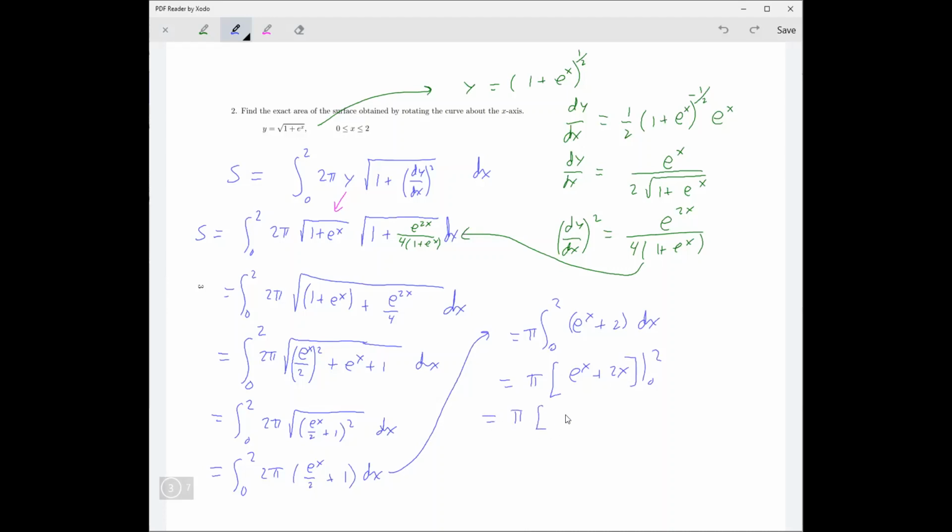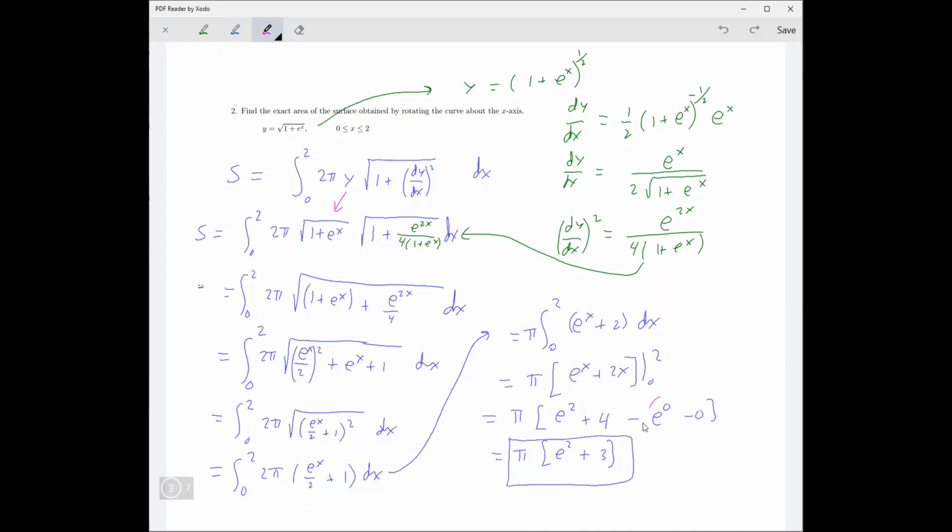And let's see, we get e squared plus, if we put 2 in there, you get 4, and then subtract e to the 0, which is 1. So it's going to be e squared plus 3. Okay, so that's going to be the answer right there.